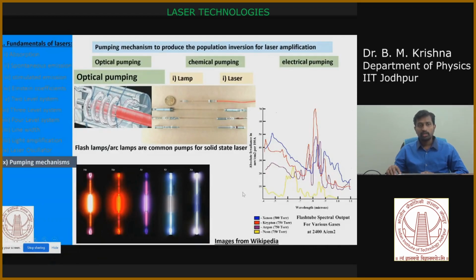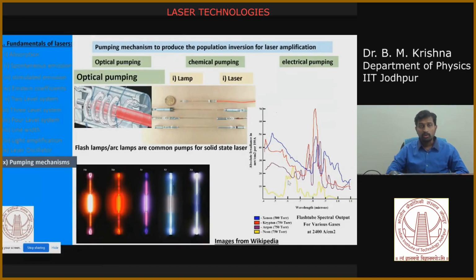So now you take a lamp and measure using a detector, and you can see the spectral distribution. Each lamp is actually a broadband source. It has a range of frequencies.